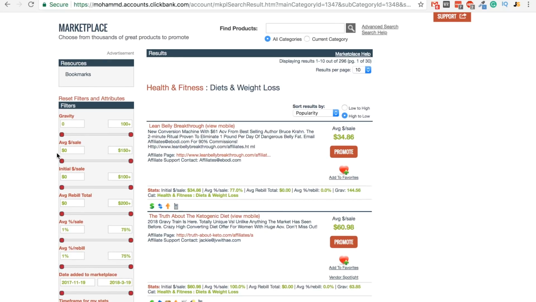So the first thing I always look at is the gravity. Since we don't have competition, because we're not doing SEO or anything like that, we're just doing advertising, and we're going to get as many clicks as we want, as long as you spend money. So we're not worried about the competition. But what you want to know when it comes to checking out gravity is how well that product is working.